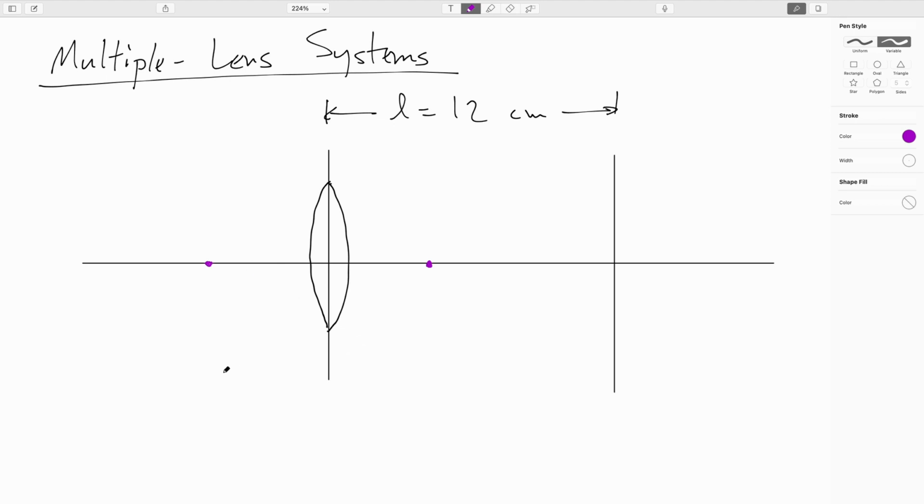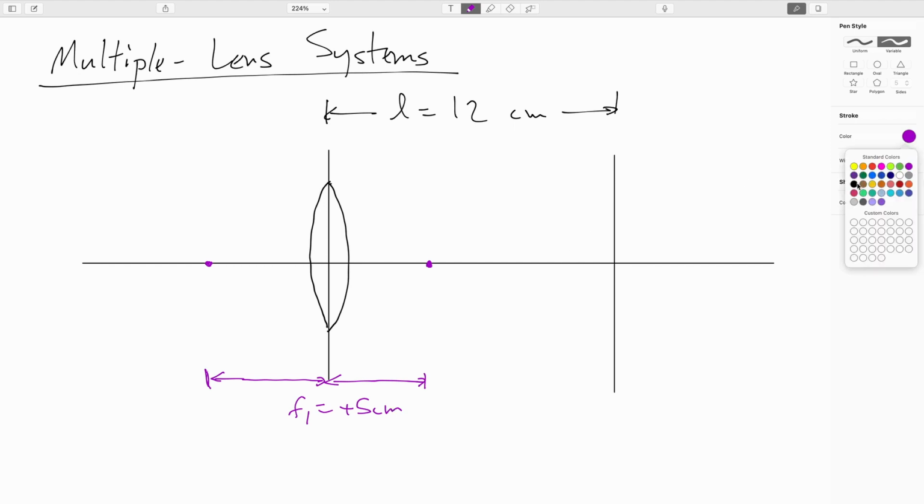All right, so I have dimensioned off both focal points for lens number 1. So we will label that as F1 equals plus 5 centimeters because it's a converging lens. Our other lens, 12 centimeters away from the first one, will be a diverging lens.